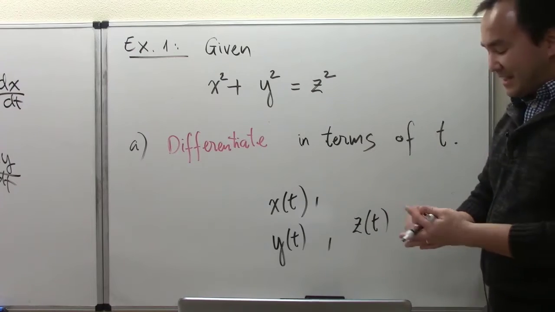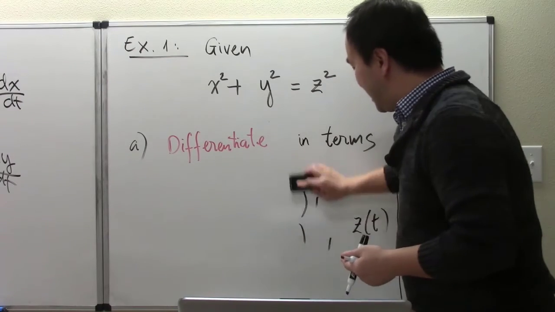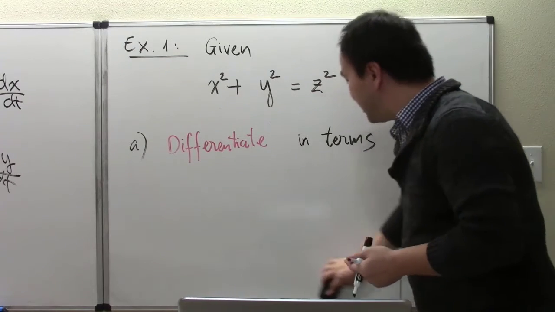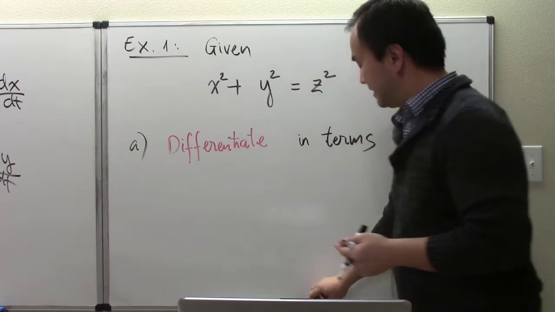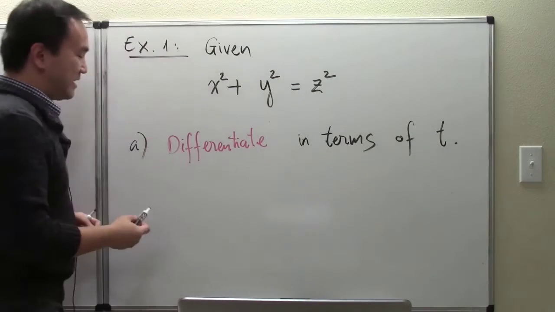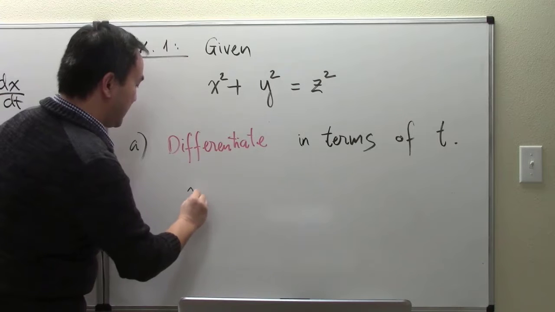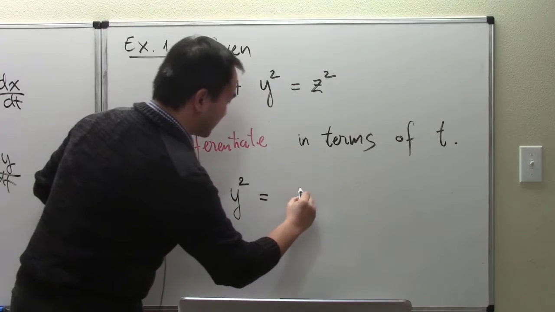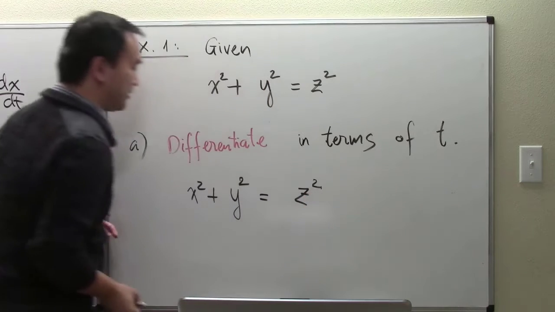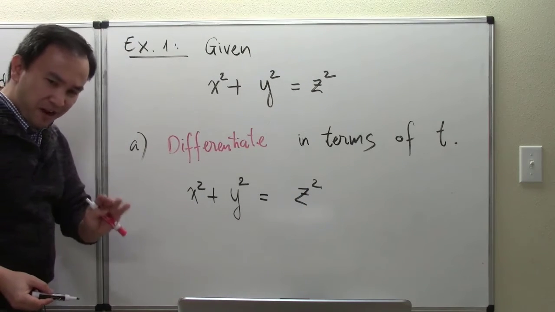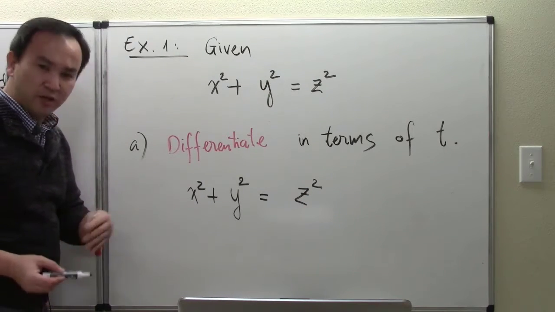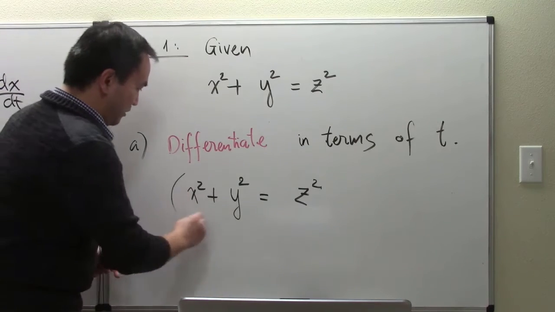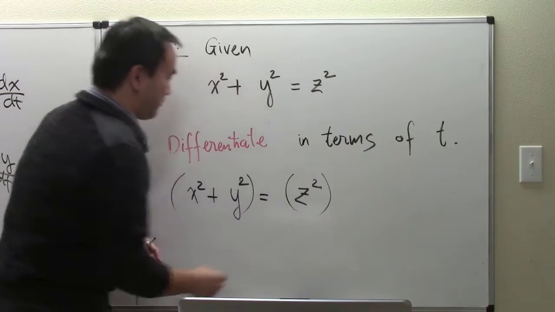Now that we have a clear understanding of our goal, let's get into it. Let's lay down our equation: x squared plus y squared equals z squared. Every variable is now regarded as an implicit function of t, and good luck solving for those functions. So here I am going to differentiate.